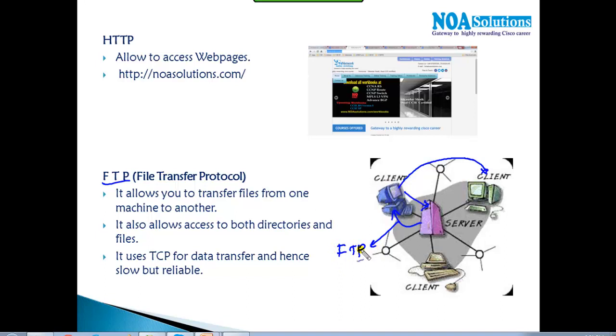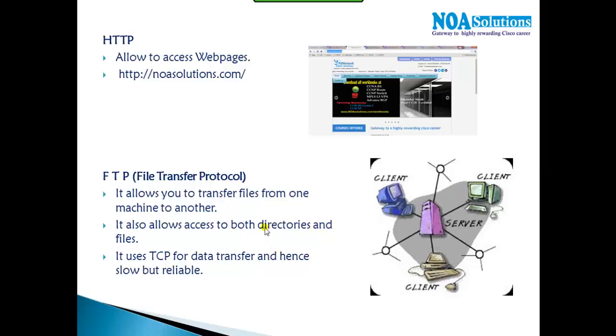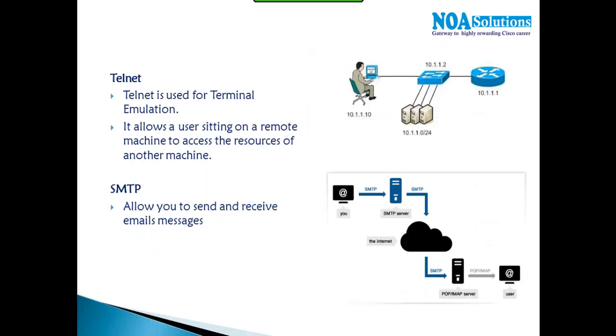Maybe you are downloading some files or directories from the server, or doing a normal file transfer in both directions, and that's what the FTP protocol takes care of. It allows you to send and receive files from one machine to another machine.